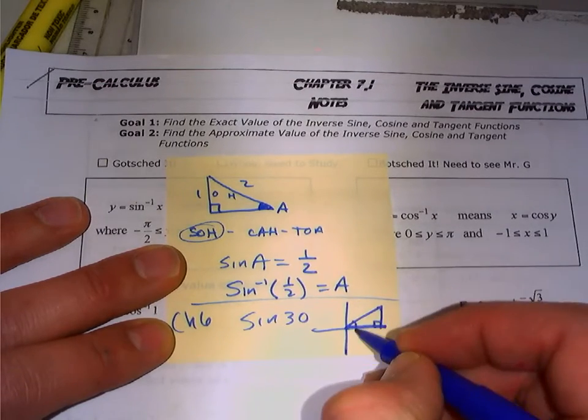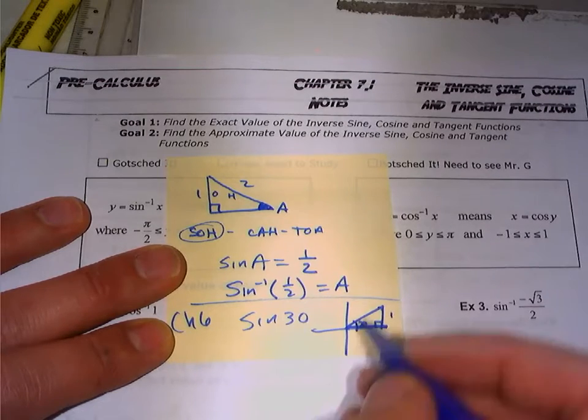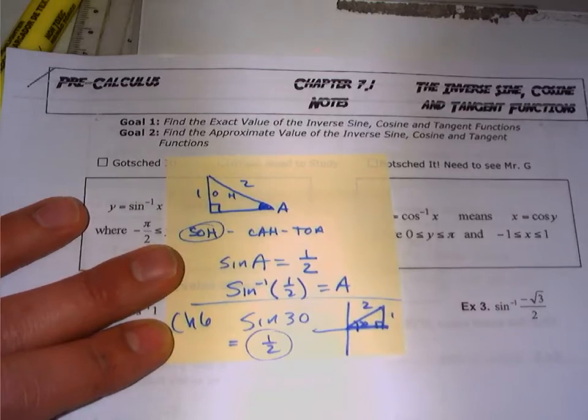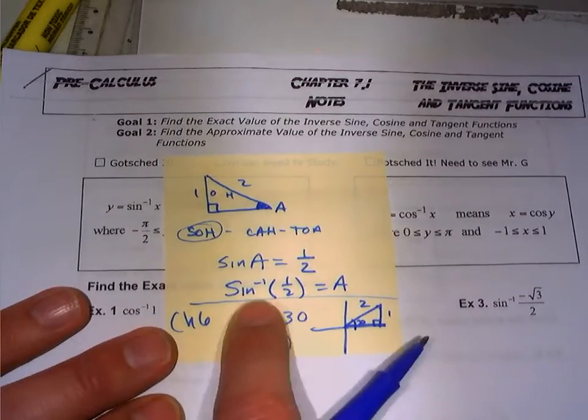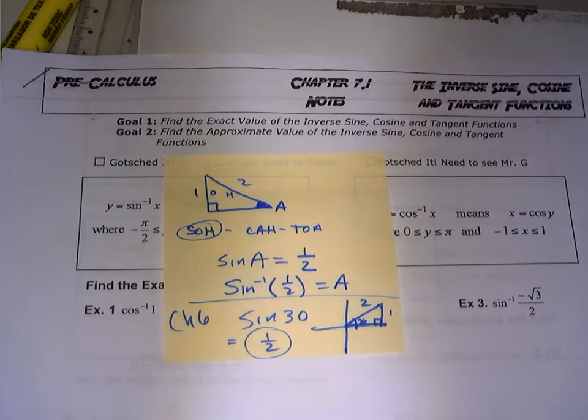This guy's 30. What's across from 30? 1. This is 2, and I want O over H, which was 1/2. Well, now we're going to say, hey, what's the inverse sine of 1/2? And you're going to give me the angle. You're going to say that's 30 degrees. We're going to convert that to pi over 6. So it's going backwards from what we just did in chapter 6.